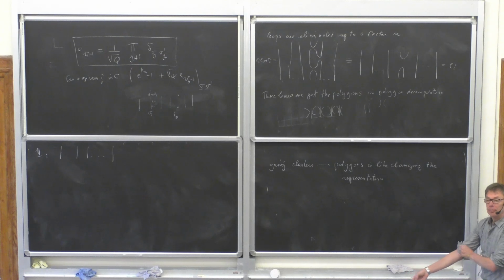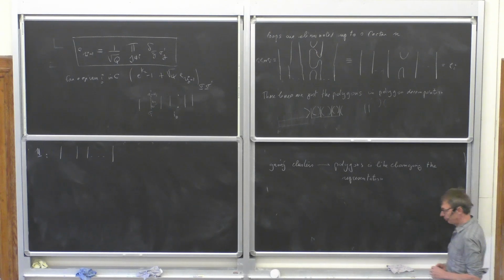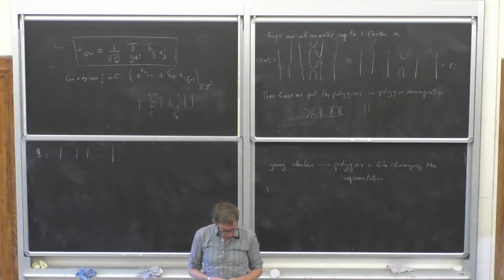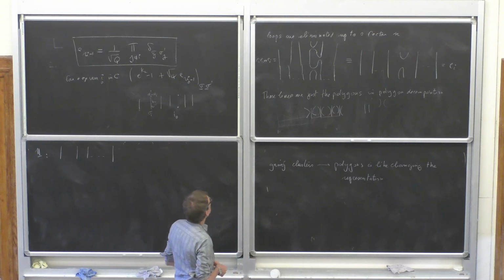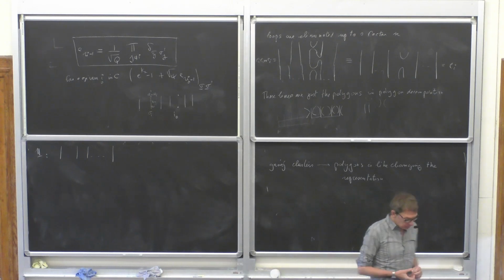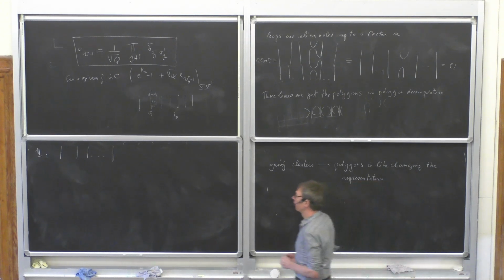Okay? All right, so where to start? Well, maybe the best place to start is to try to see how to represent the EIs in the diagram basis as matrices.